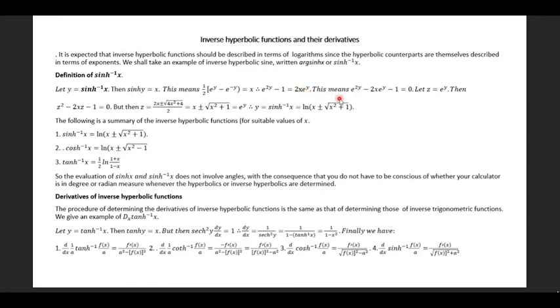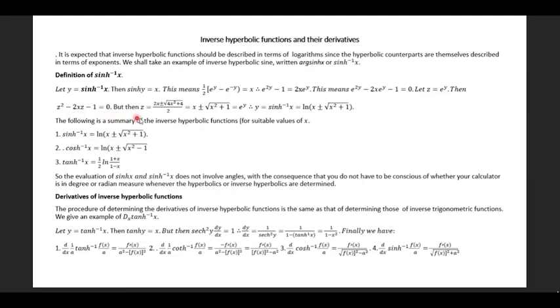In other words, if you simplify this, it will be e to the exponent 2y minus 2x e to the exponent y minus 1 is equal to 0. So this is a quadratic equation where if you allow z to be equal to e to the exponent y, it's going to be z squared minus 2xz minus 1 is equal to 0.